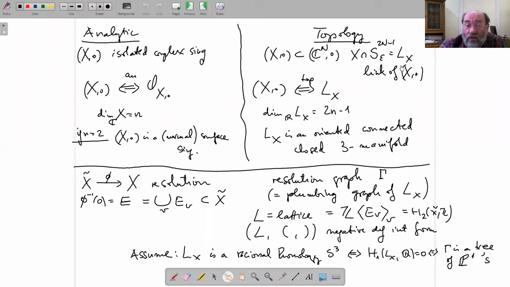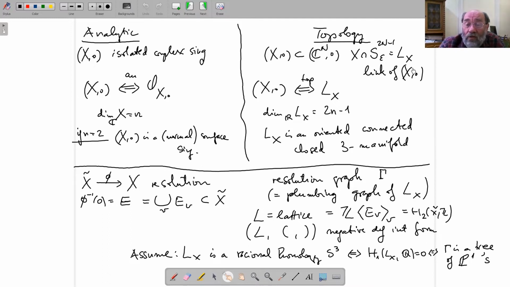We take the intersection, and that is a transverse intersection, and that will be an oriented, connected, closed Riemannian manifold. And basically that characterizes completely the topological type, since X inside of that ball is a real cone over the link. So topologically, the link is a complete characterization.